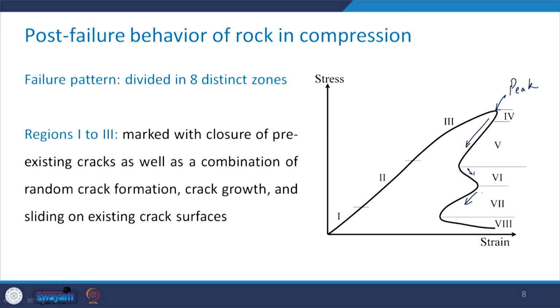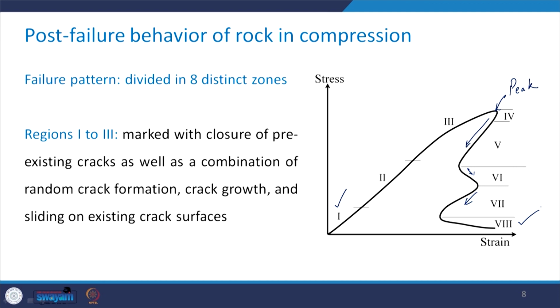So this failure pattern can be divided into 8 distinct zones. As I have shown here, you can see that it is varying from zone 1 to zone 8. Now the question is, what does each of these zones signify?